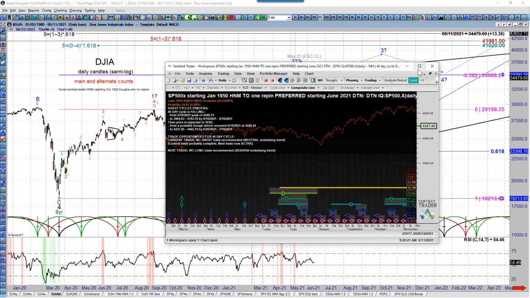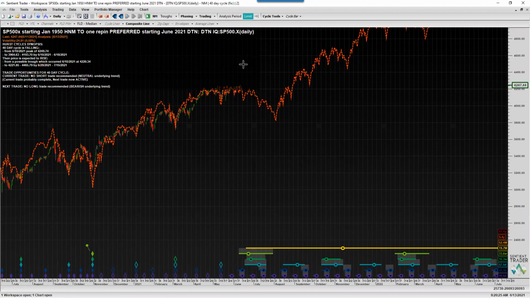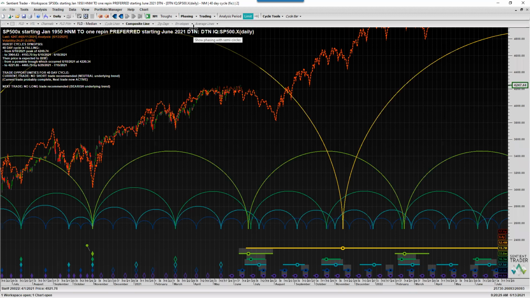And when you look at what the cycles are saying, and I'm going to put on the semicircles, we have an 18-month cycle trough that is starting to aggressively suggest that we're going to get some acceleration to the downside. We're right here.